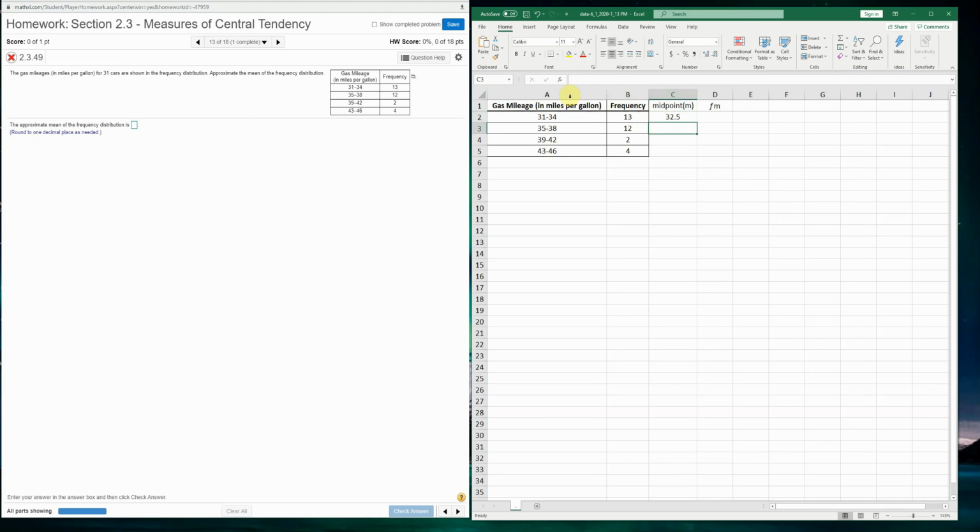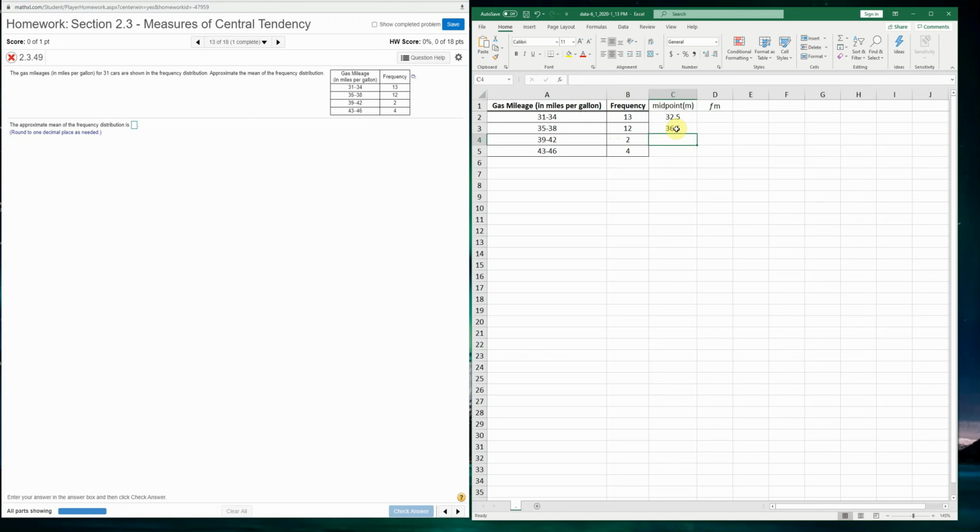The benefit is if I had made it into columns and put a column for 31 and then a column for 34, then I could have typed in the formula like my previous video from chapter 2.1 and then just filled the formula down. But there's only 4 classes here, so I'm not really all that worried about it.